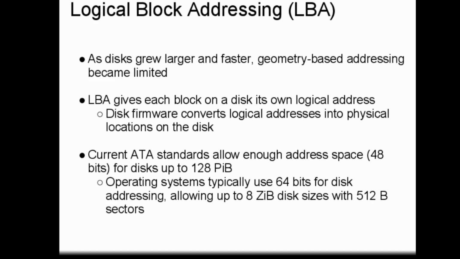Current standards with logical block addressing on ATA will allow enough space for disks up to 128 pebibytes. Operating systems normally implement these 48-bit addresses using 64-bit data structures. Thus, operating systems that support 64-bit disk addressing can generally support hard disks up to 8 zebibytes of data, assuming we're using 512-byte sector sizes.